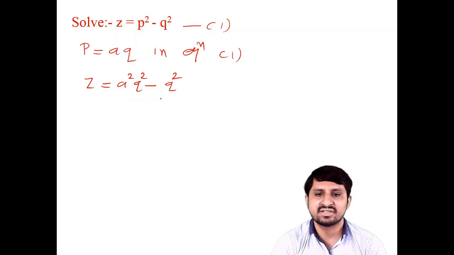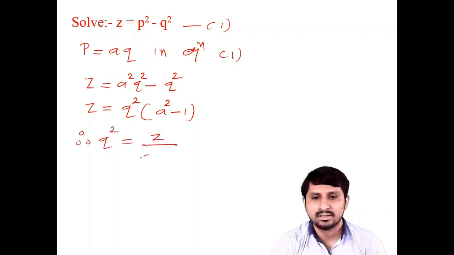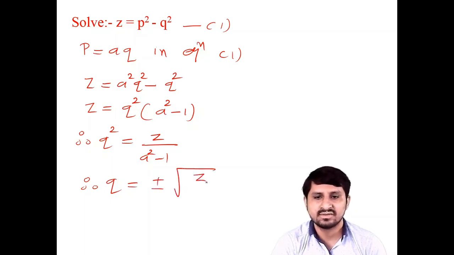Okay, and from this equation I want to find the value of q. So z is equal to q square, we can take it as common, in brackets now we have a square minus 1. So q square is equal to z upon a square minus 1, and that gives q is equal to plus or minus square root of z upon a square minus 1.